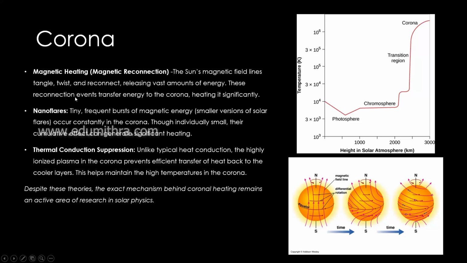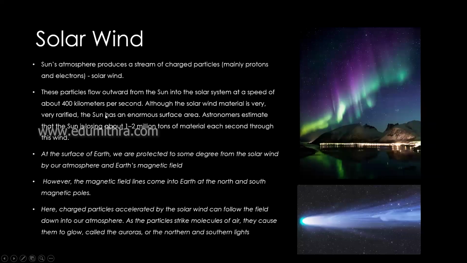And another thing that is coming from the sun is called the solar wind. The solar wind is so important when considered with life on Earth. The sun's atmosphere produces a stream of charged particles. Charged particles means protons are there, electrons are there; protons are positively charged, electrons are negatively charged.